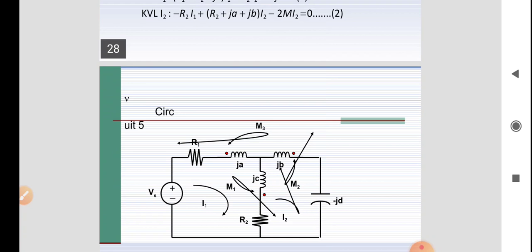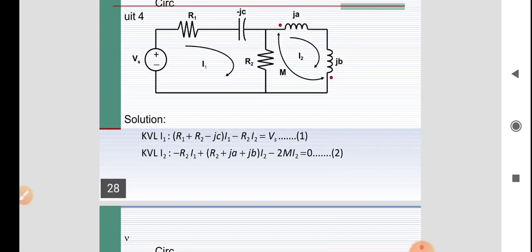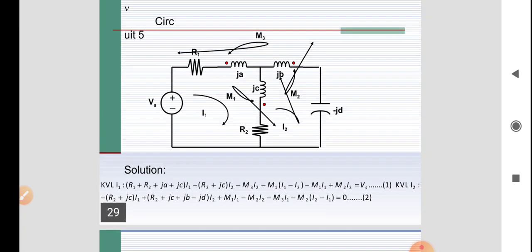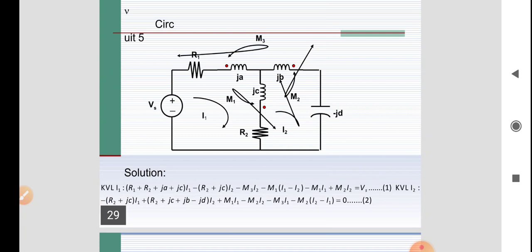And the last example for writing the KVL equations: here, instead of having a single mutual inductance, we are having three mutual inductances. Those three mutual inductances are M1, M2 and M3.